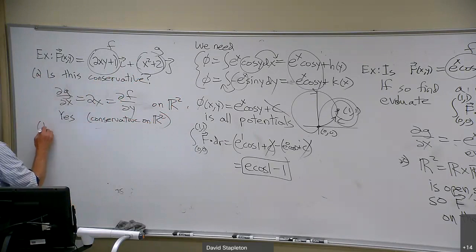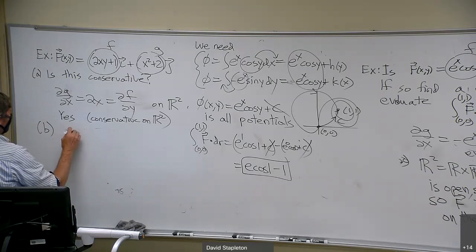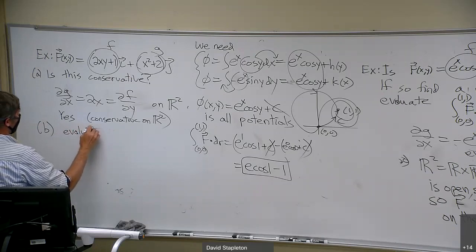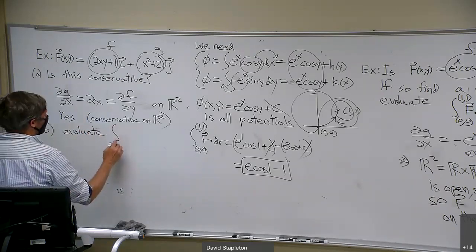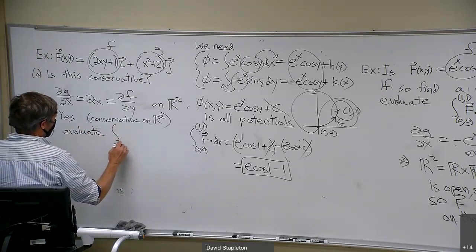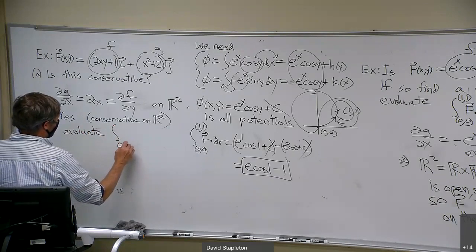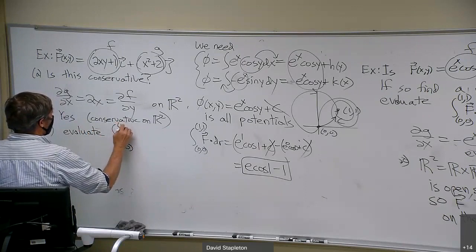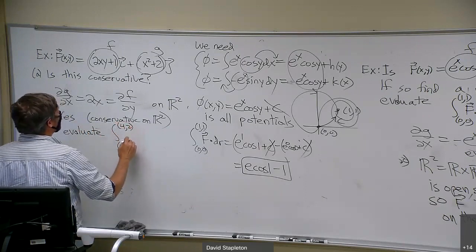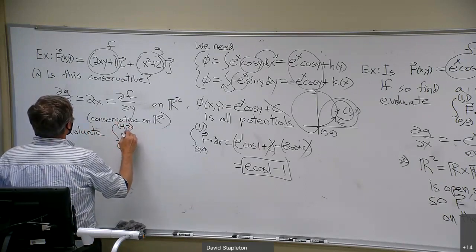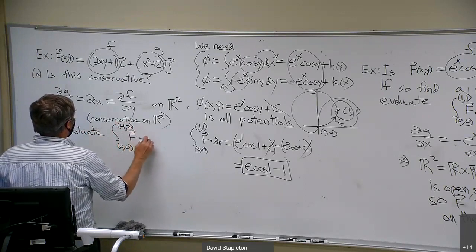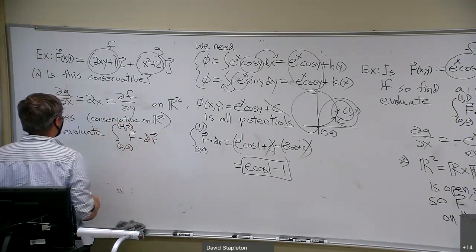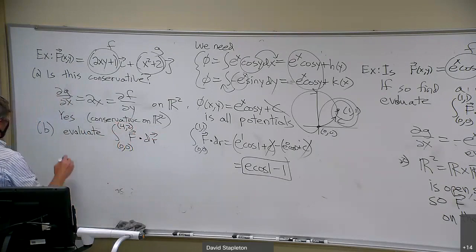Now part B, suppose I evaluate the integral, this time going from (0,0) to the point (4,2), of F dot dr with this F. Well, to do that, I need phi.